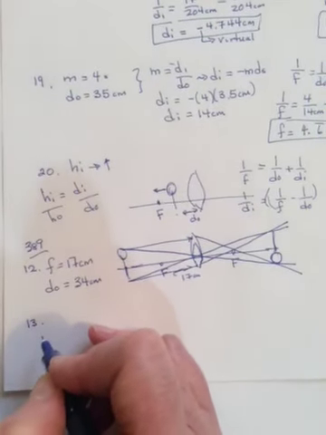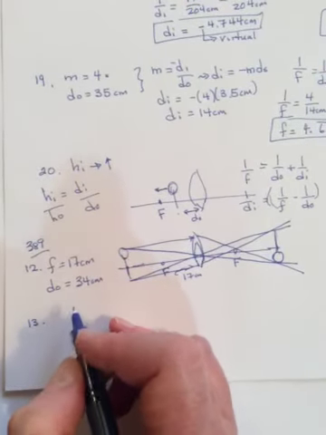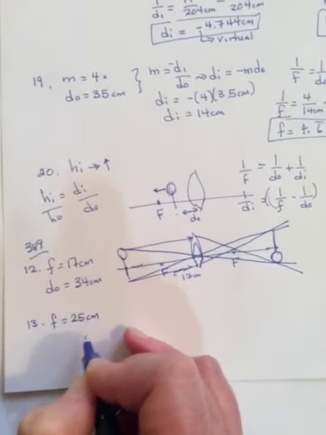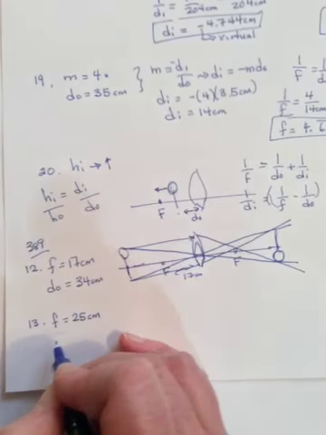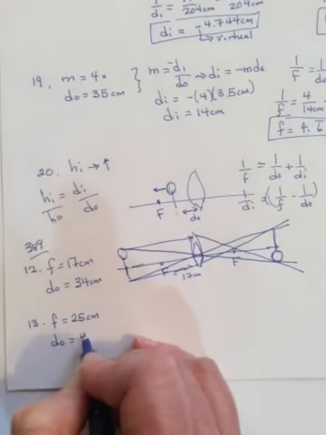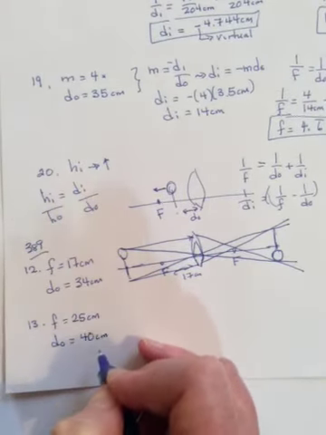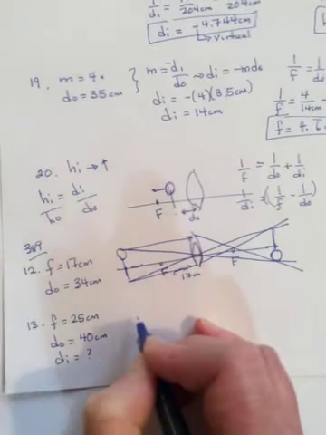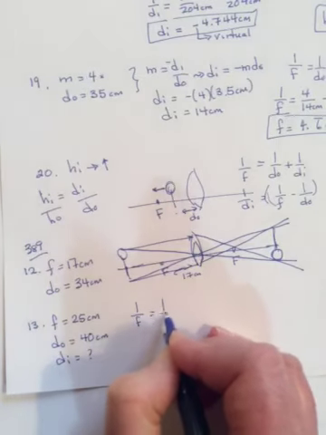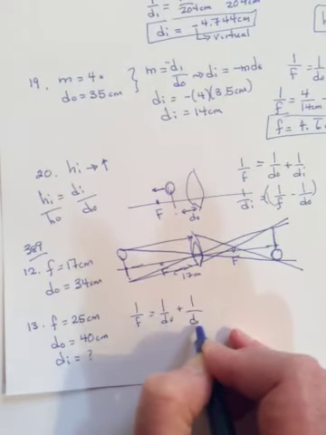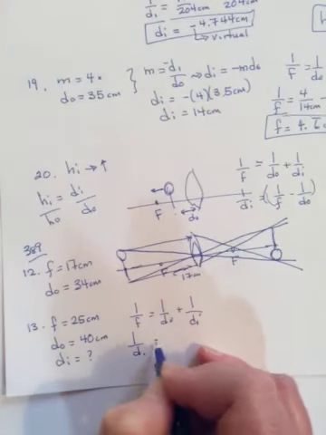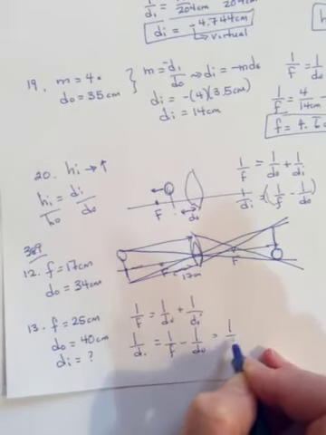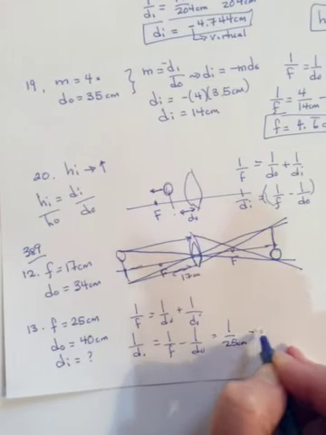Number 13. Convex lens of a copy machine has a focal length of 25 centimeters. Letter to be copied is placed 40 centimeters away. First part of the question, where should the paper be? In other words, what's DI? So 1 over F is equal to 1 over DO plus 1 over DI. 1 over DI equals 1 over F minus 1 over DO. 1 over 25 minus 1 over 40.